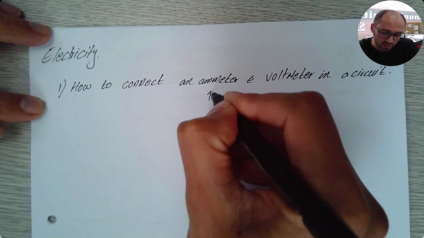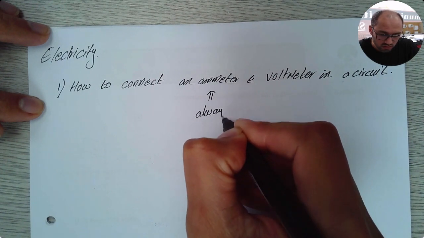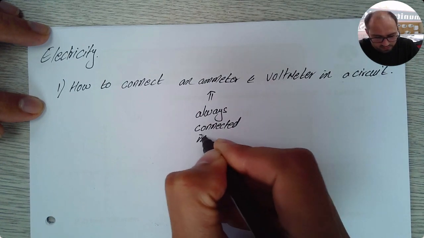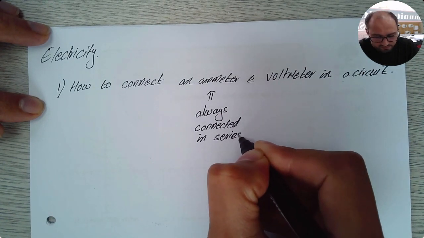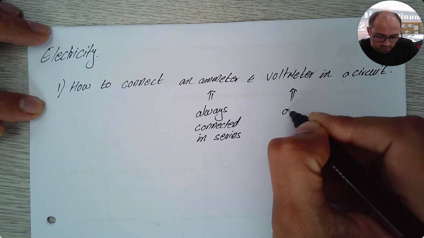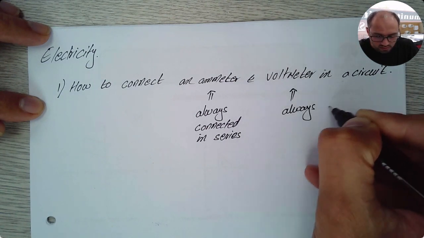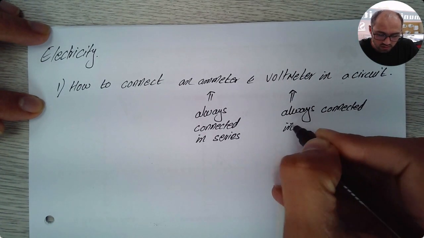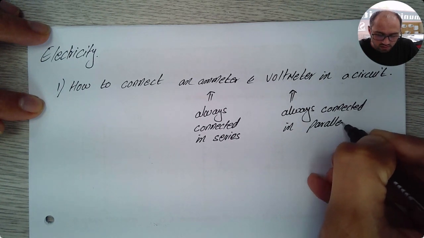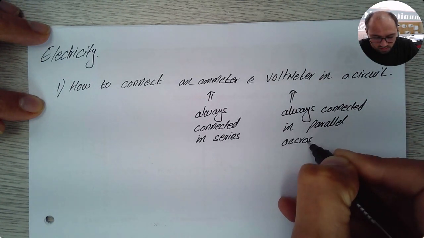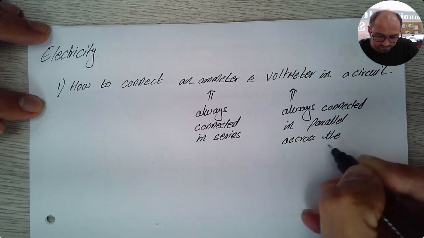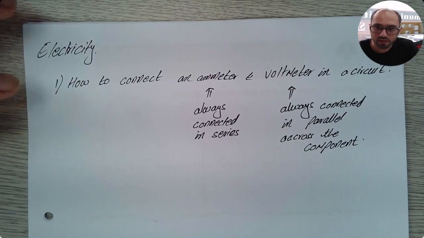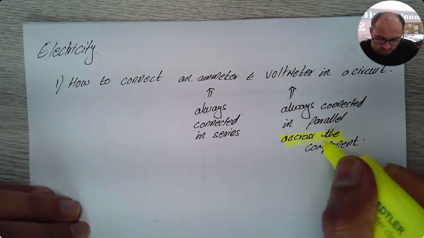Remember, ammeter is always connected in series, whereas voltmeter is always connected in parallel across the component. This thing is important here, across the component.